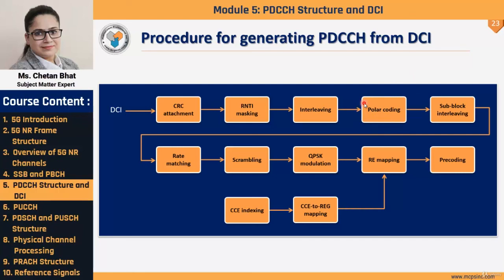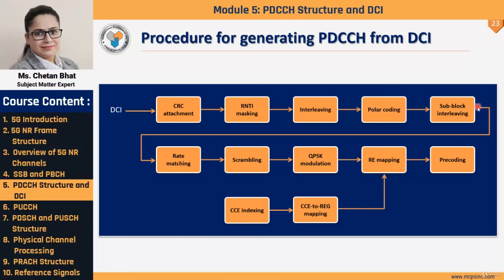In LTE we were using convolutional coding, but now in 5G we are using a new type of coding technique, which is polar codes. So 3GPP has selected polar codes as the error correcting code on the control channels. On the PBCH we are using polar codes, and on the PDCCH we are using polar coding.